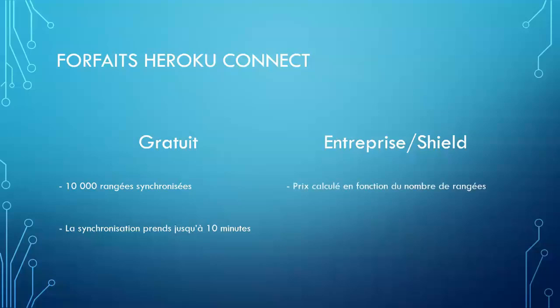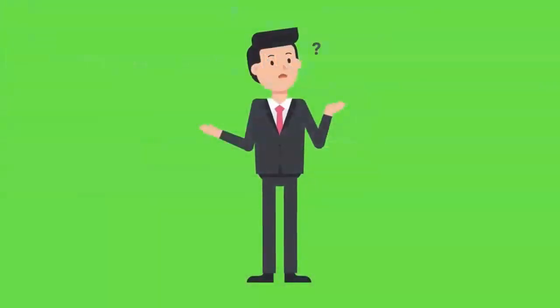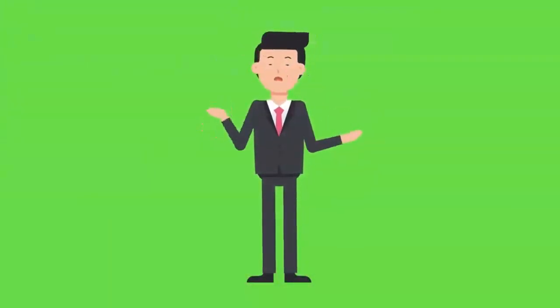With this package, the synchronization will be done every 2 minutes, and you will also have access to an accelerated synchronization that is done almost instantly. You will have a real-time synchronization between Heroku and Salesforce, but it's up to you to decide which of these packages is best for your needs.